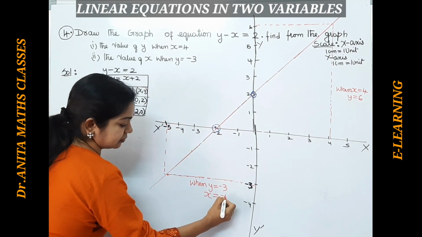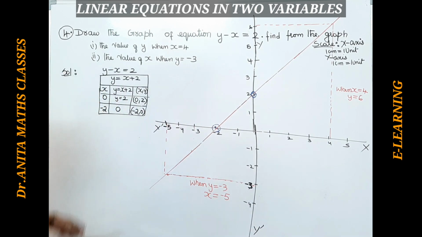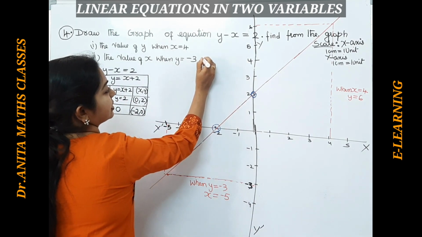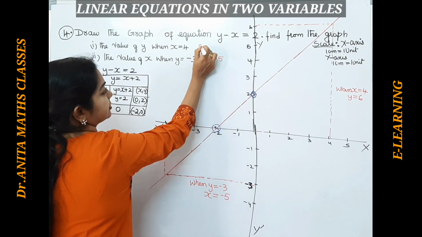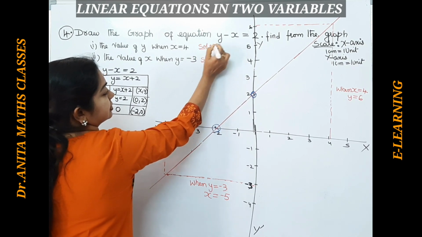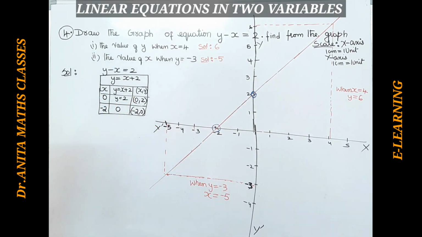So x is equal to minus 5. This is the final answer. Here we got the x value as the solution, minus 5. Here the solution is 6. Okay, right. That too we got it from the graph.